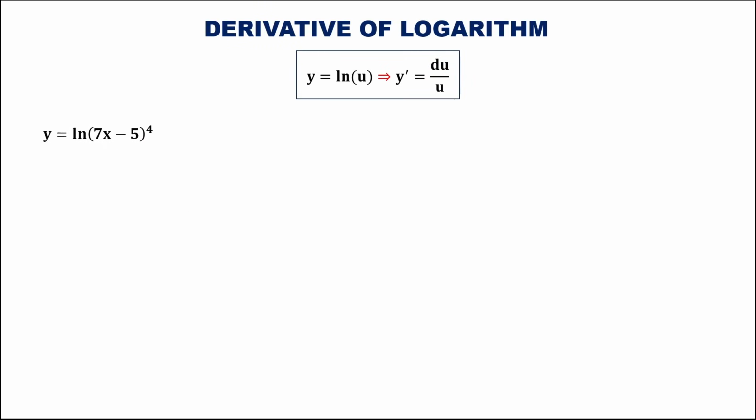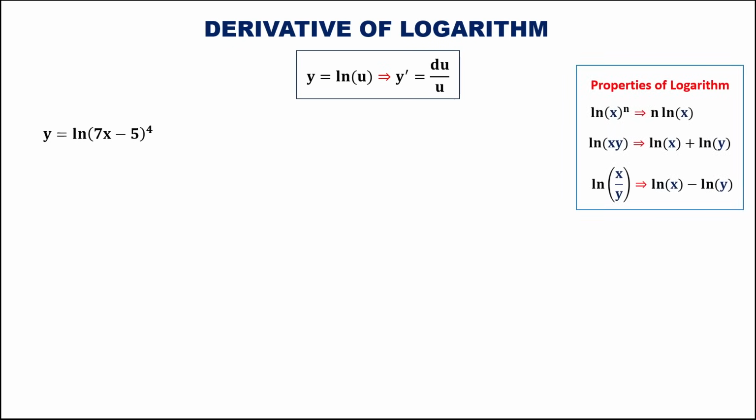Then for this given, to evaluate the derivative, first we need to use these properties of logarithm. So this is the power property of logarithm. Now observe in the power property of logarithm, we can put this exponent before ln.